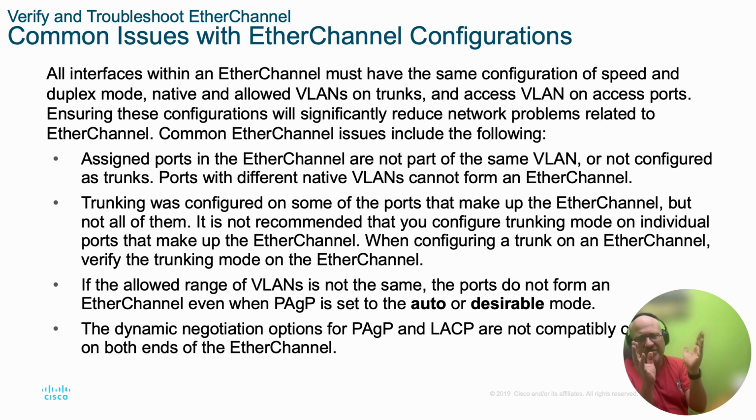If part of the interface is in VLAN 10 and the other one's in VLAN 20, for example, it won't come up. Or you've set up the wrong trunk, or the wrong cables, or you've got different bandwidths, duplexing, or you haven't got compatible modes on either side. So basically, it is very matchy-matchy, and if you remember that, you'll find it's quite straightforward.